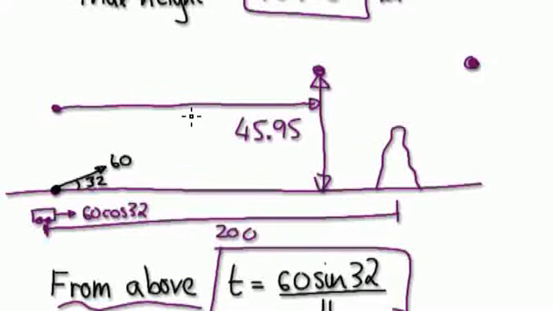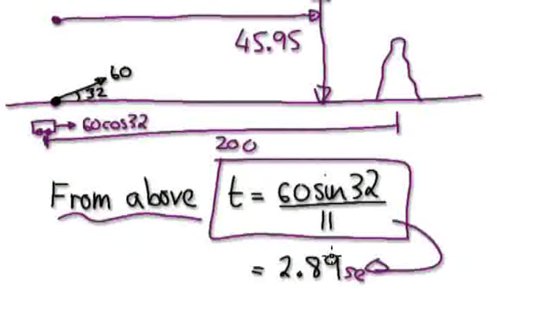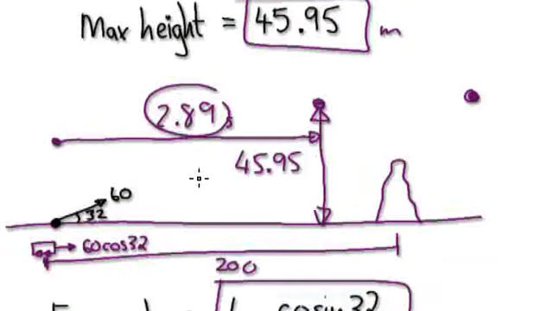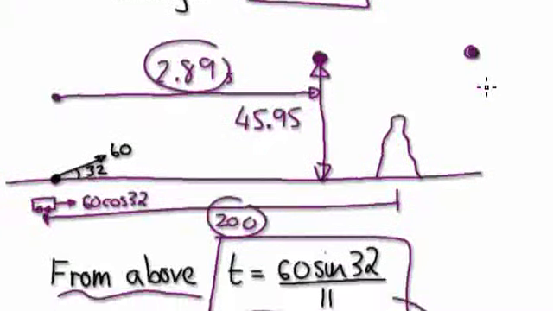But all we know is that it takes 2.89 seconds to get to its maximum height. But this is in seconds, and this is in meters. So we've got to find out if our maximum height could be before the mountain or after the mountain. We don't know yet.